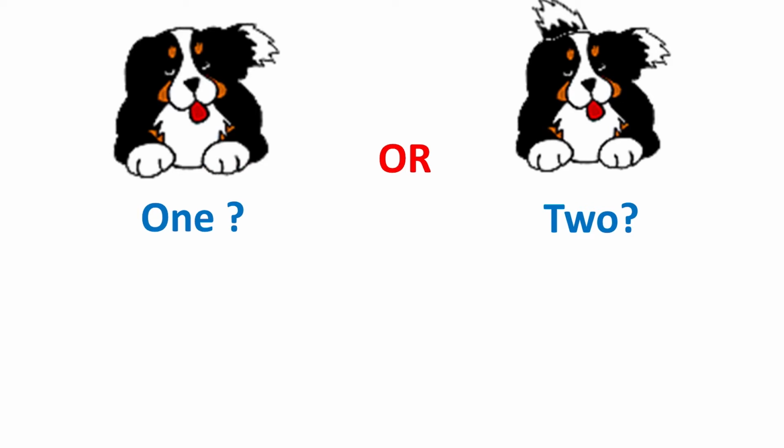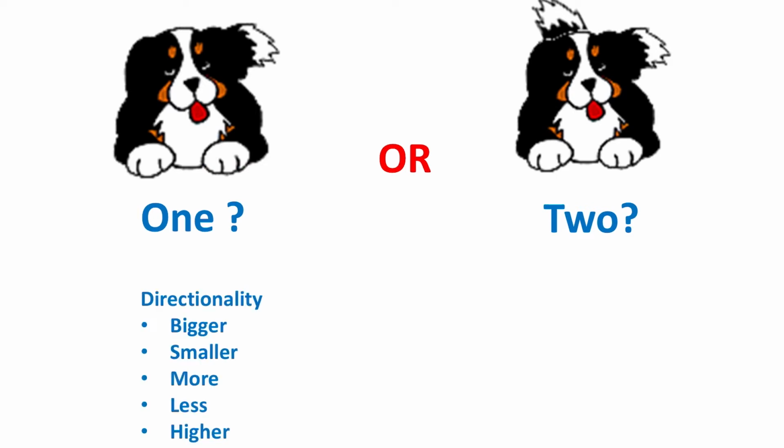So your directionality or your tails, so one tail or two tail, is another way that you can change this up. One-tailed is going to be directionality, which essentially just means that you have stated that one of your treatments is going to be different than the other. You're stating that one is bigger or smaller or more or less or higher or lower than the other one is.